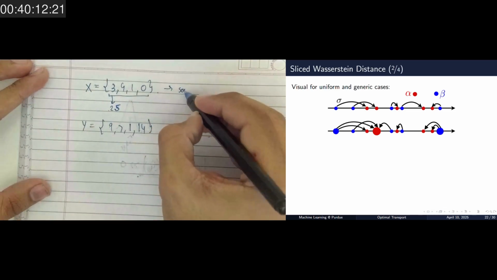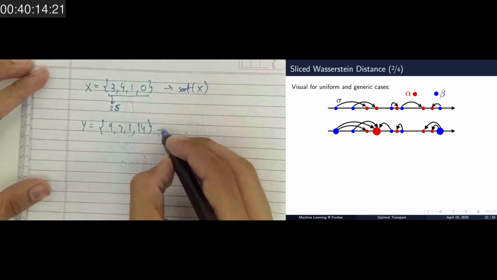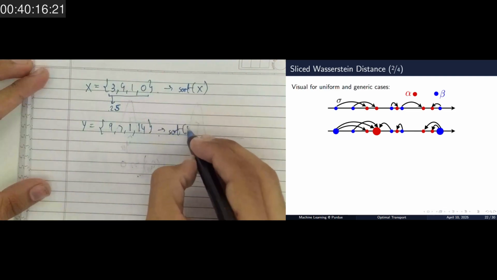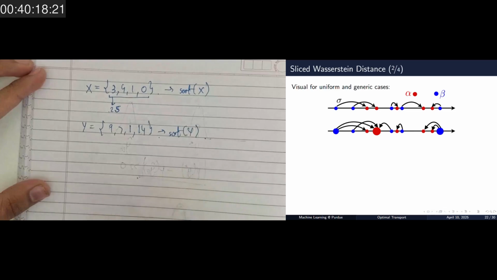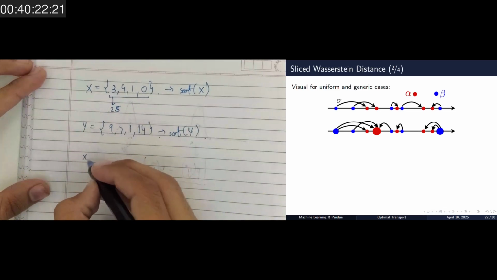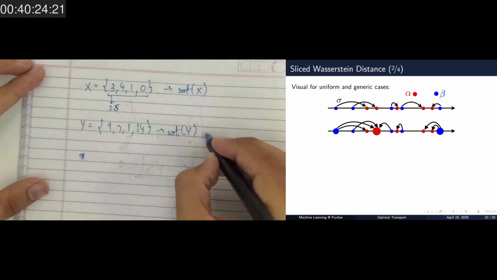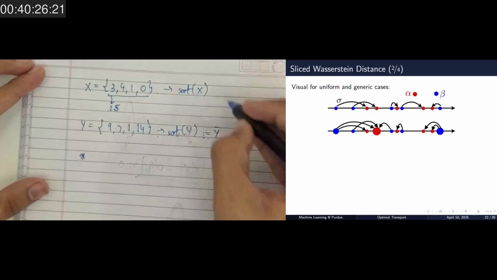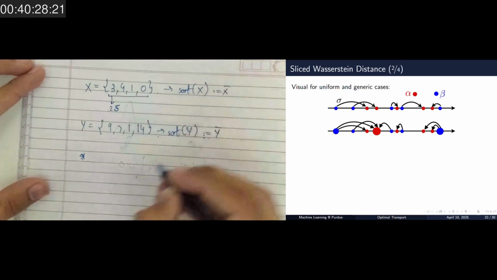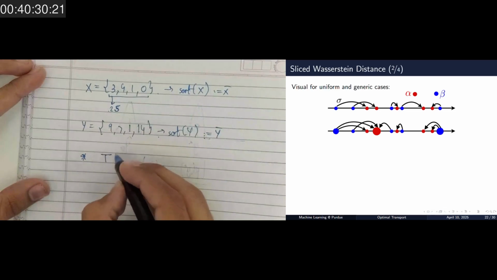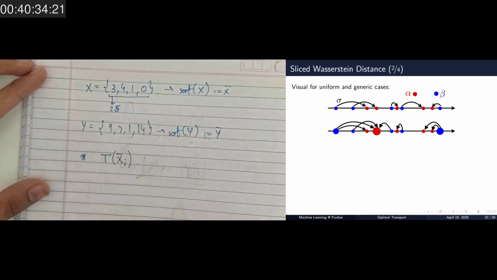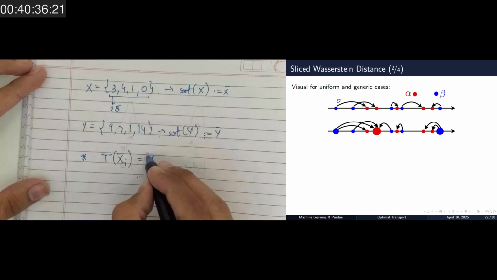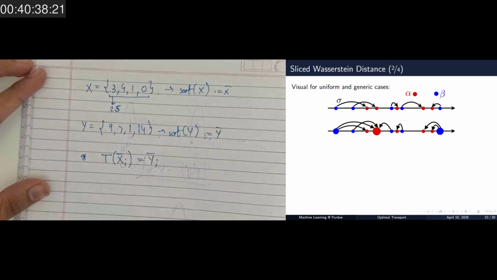Now I will sort x over here, I will sort y over here, okay? And I will claim that my optimal transport plan is simply this. I will define this as y bar, and this as x bar, and I will claim that my optimal cost of transportation can be determined by taking some x bar I and just outputting y bar I.